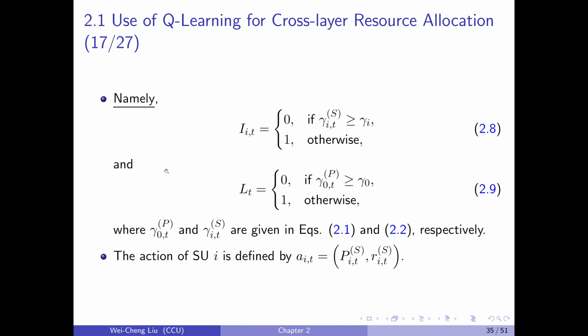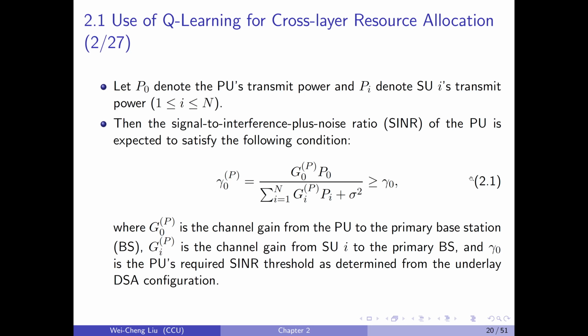And L_t is equal to 0 if gamma_0^t,p is greater than or equal to gamma_0, where gamma_0^t,p is given in equation 2.1. Let us go to equation 2.1. In equation 2.1, gamma_0^p is the SINR of the primary user.